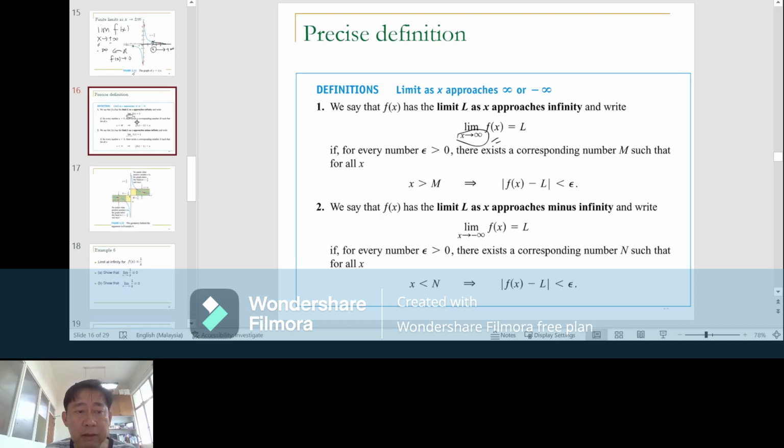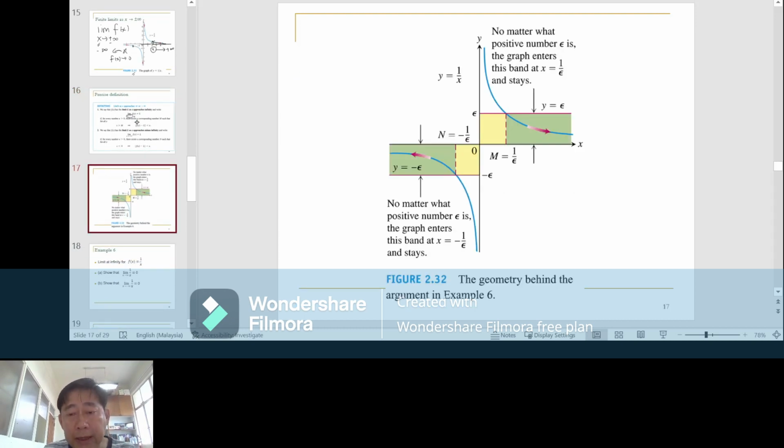This is a very simple example of 1 over x. So here the value of L, which is the limit, is L equals 0, and you form a sandwich of 0 plus epsilon and 0 minus epsilon.